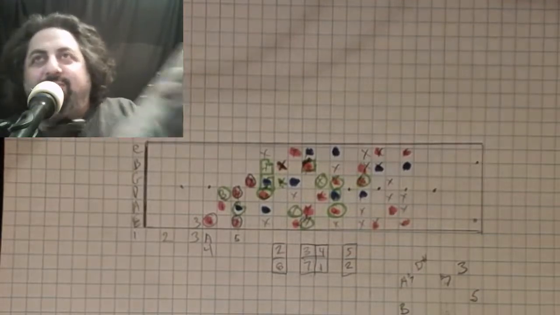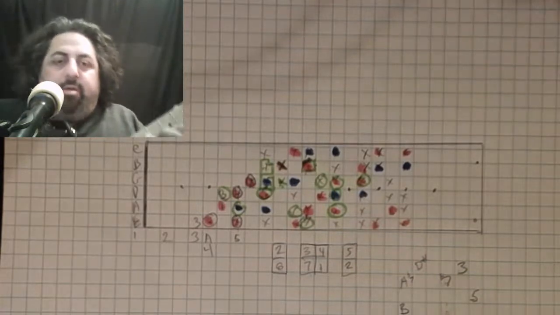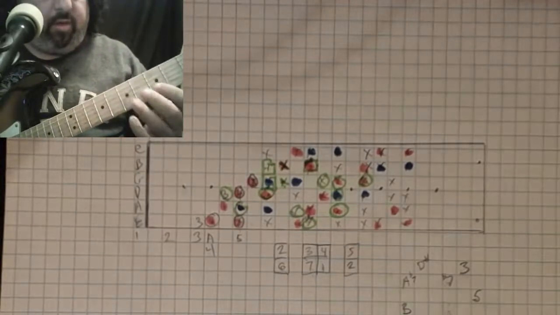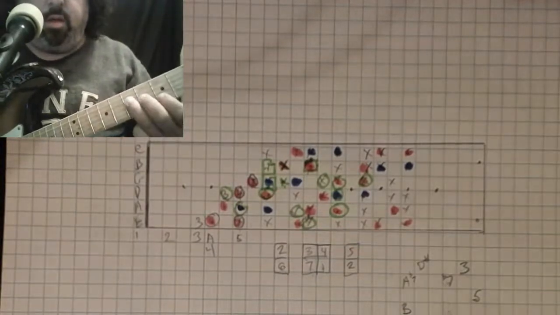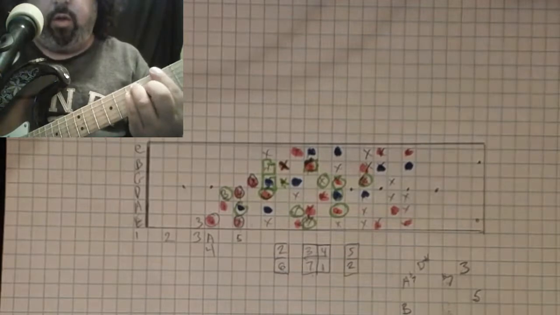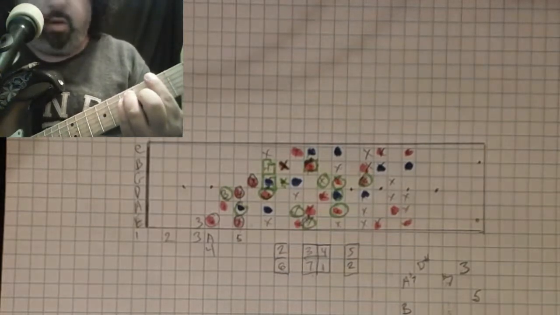So what this was here is, let's put this down again. See that kind of angle there? Kind of like the bottom of this chord, a B major bar chord.